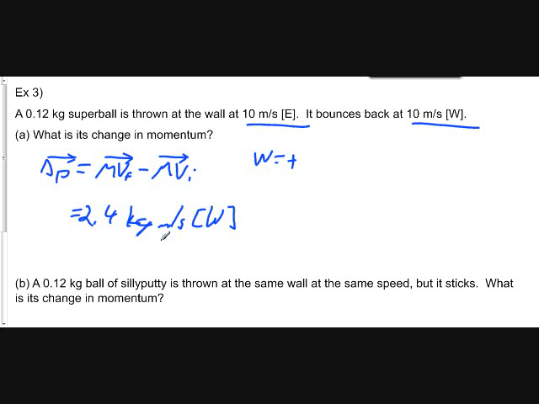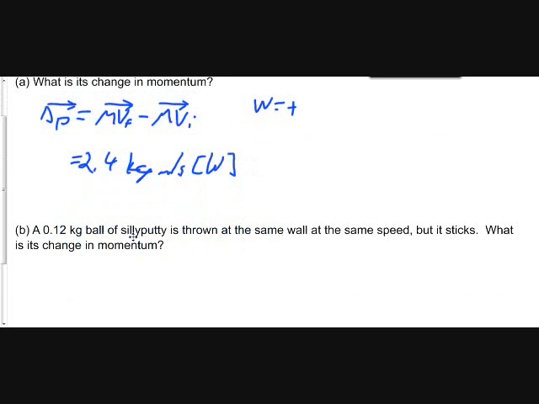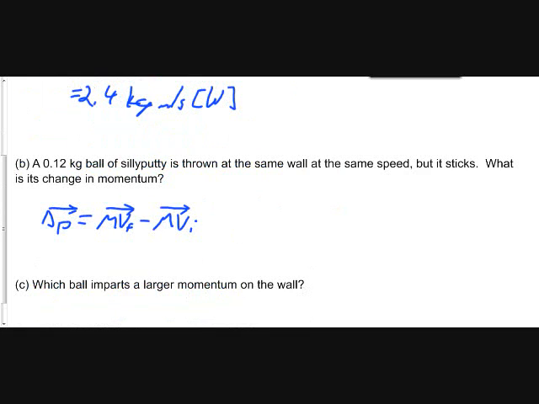If we do the same thing with a ball of silly putty, same mass, we're going to throw it at the wall and it's going to stick. So instead of bouncing off, it's going to stick, and we'll go through the same sort of idea here. I'm going to cheat slightly and steal this, put it down here. What we're going to see is that our final velocity actually goes to 0.